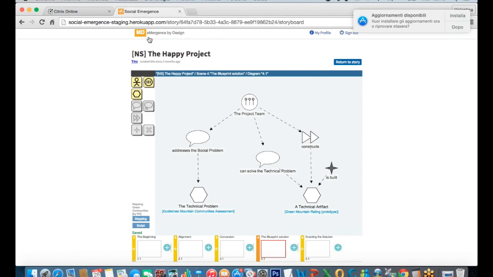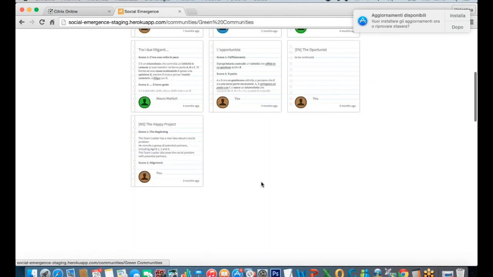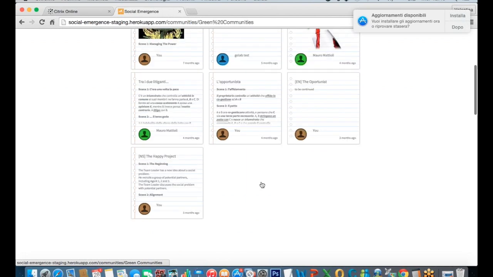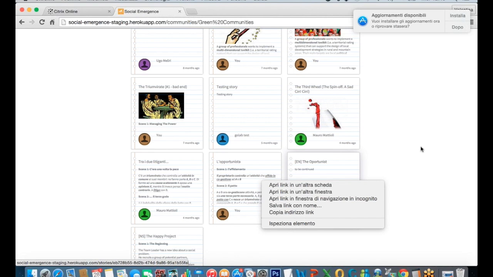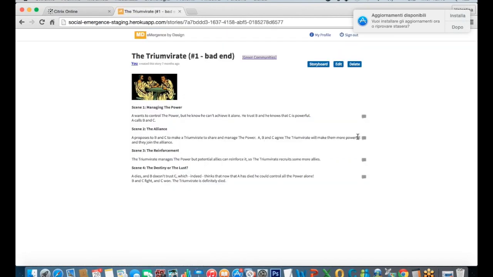And so I go back to the storyboard, and I show you very briefly, because I want to give the floor to Mauro to show the technical functioning of the platform.